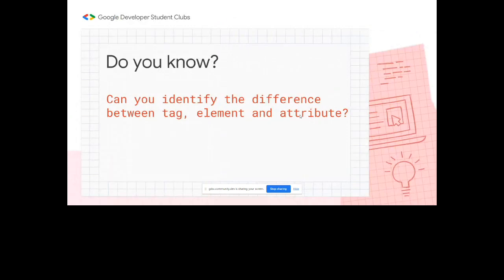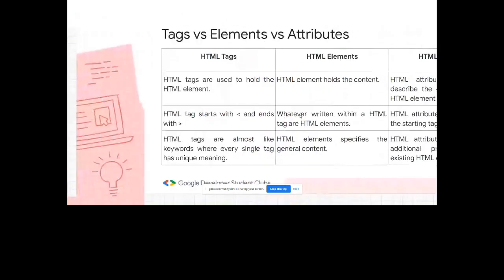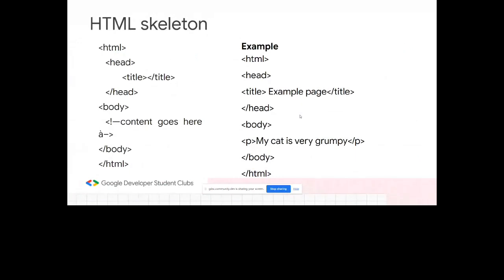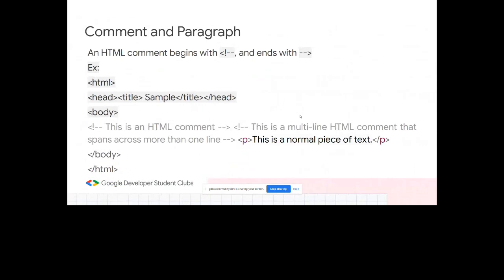We also identified the differences between tags, elements, and attributes. Later on, we discussed the skeleton of HTML, and we even executed it and you observed the output. Then we learned about content, comments, and the paragraph tag.